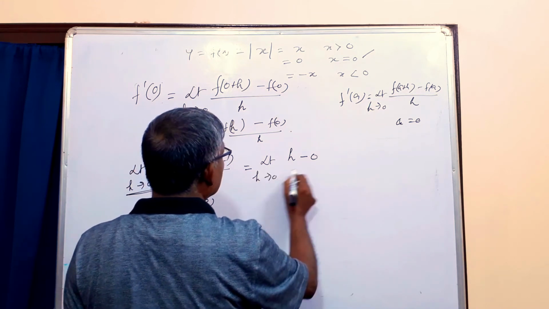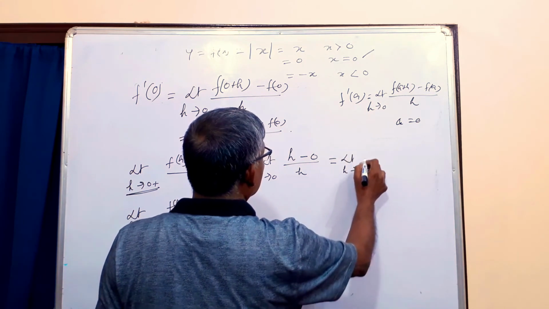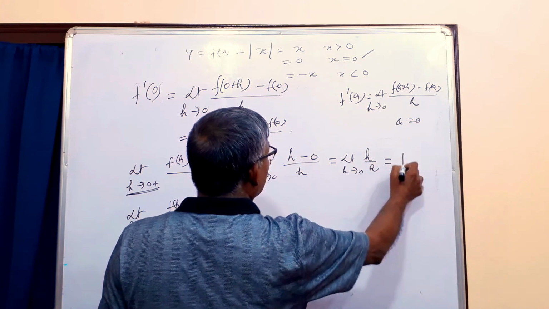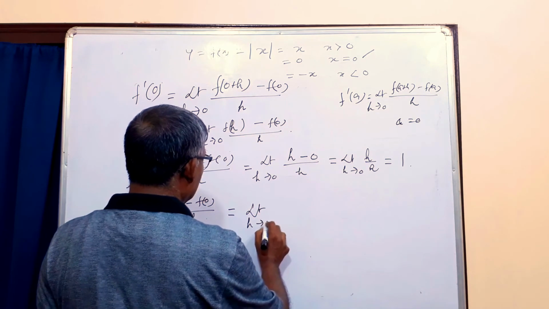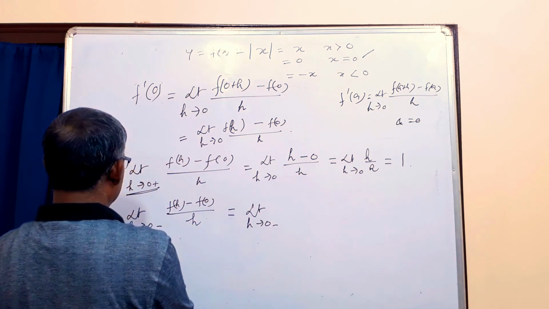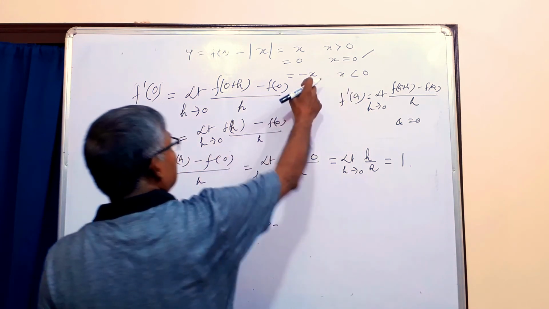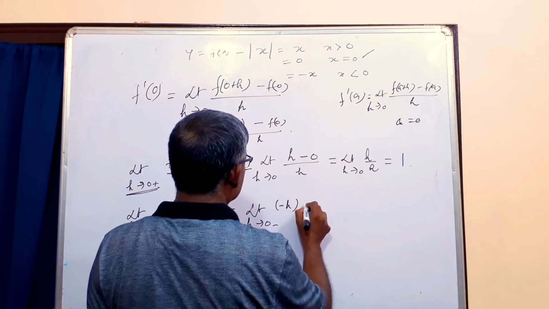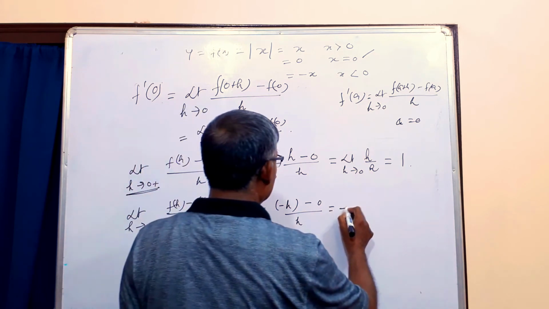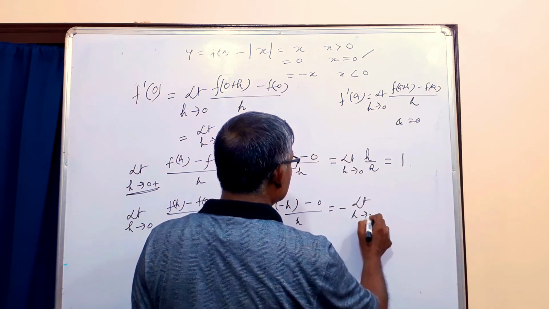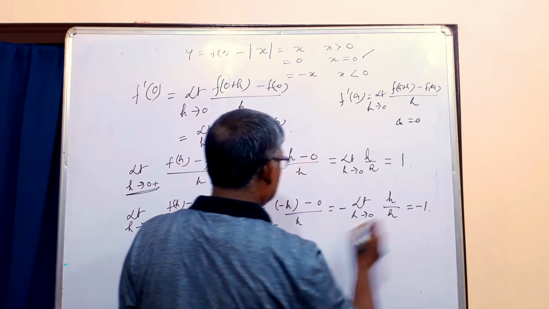Limit h tends to 0 of h by h equal to 1. And here is the value, limit h tends to 0 minus, whenever h less than 0, f of h means minus h, minus f of 0 means 0, by h, so it would be minus of limit h tends to 0 of h by h equals to minus 1.